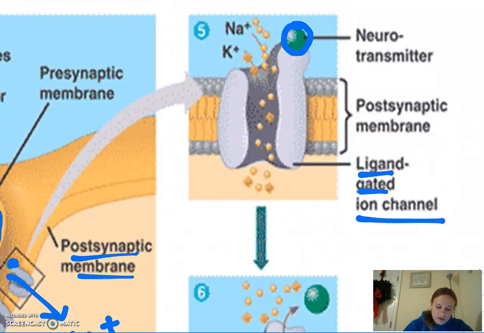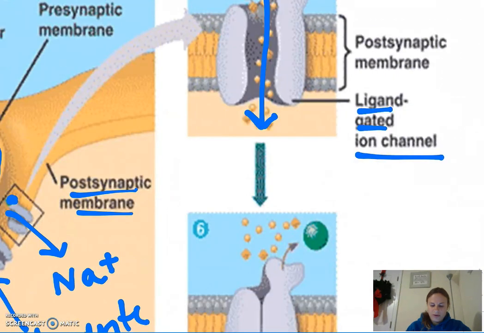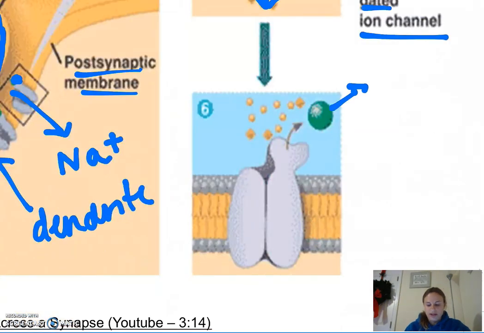What travels through is your sodium as well as your potassium. What that does is it enables the depolarization of that postsynaptic neuron. Now the sodium has gone through and my neurotransmitter is released from the receptor.